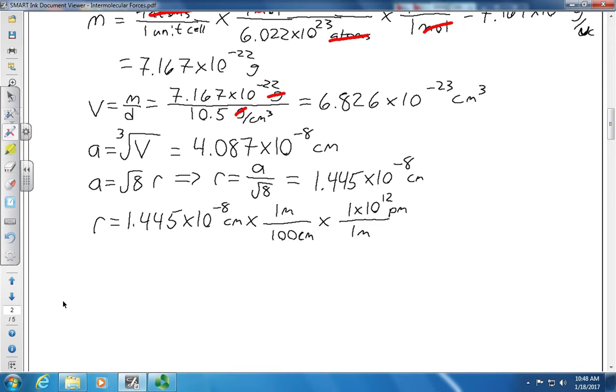If you look, centimeters and centimeters cancel out, meters and meters cancel out, and you're left with picometers, which would equal 144.5 picometers. And that is our final answer, 144.5 picometers.